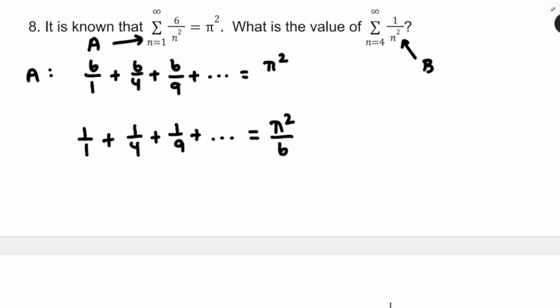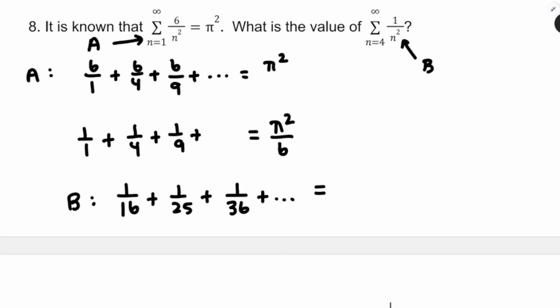Yeah, and B starts at n equals 4, which is going to be 1 over 16 plus 1 over 25 plus, let's see, 6 would be 1 over 36 and so on. Okay, so I'm trying to solve that equation, or put in the missing piece of that equation. I think what I should do is probably get rid of these dot dot dots and give myself a little bit more room over here and write out some more terms.